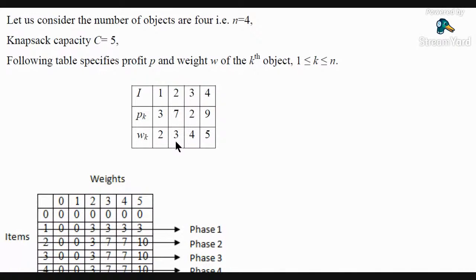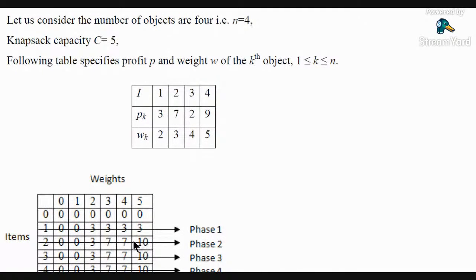So the total weight associated with the first two objects is 5. Now here you can note that if the considered knapsack capacity is 5, then the entry is 10. What is this 10? 10 is nothing but the summation of the profit associated with the first object and the profit associated with the second object. The profit associated with the first object is 3, the profit associated with the second object is 7. Then 10 is there.